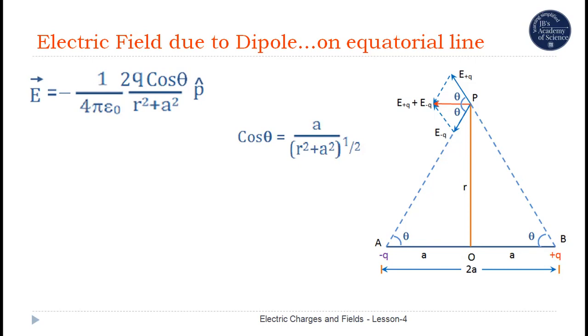Then cos theta is the adjacent side divided by the hypotenuse. So A divided by root of R square plus A square, that is cos theta. A divided by (R square plus A square) whole to the power of 1 by 2. Substitute that value of cos theta in this equation. E is equal to minus 1 by 4 pi epsilon 0, 2QA divided by (R square plus A square) whole to the power of 3 by 2, into P cap.